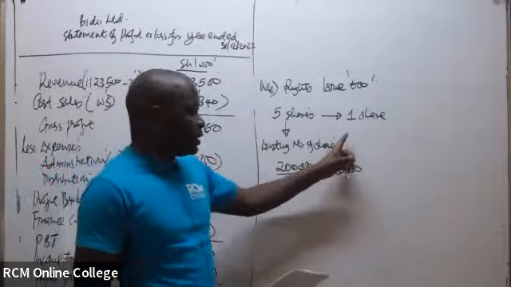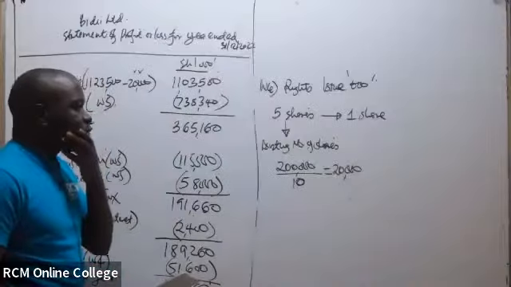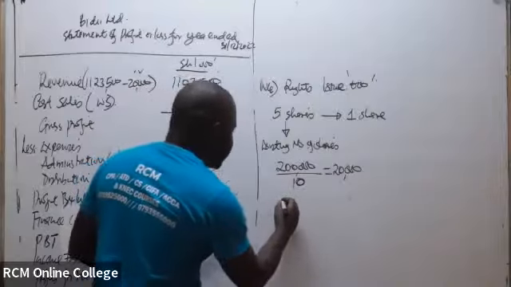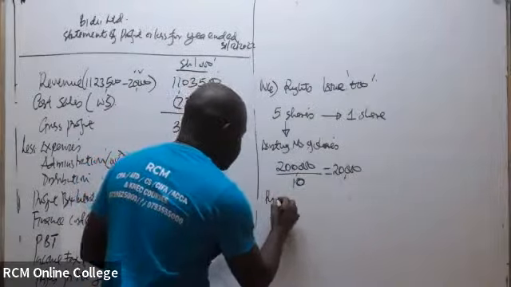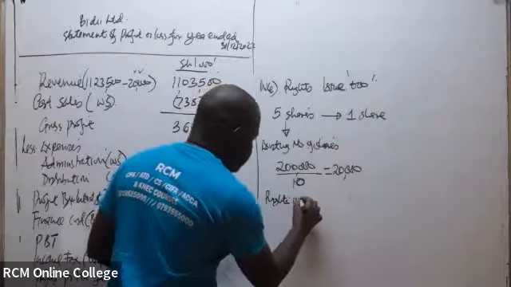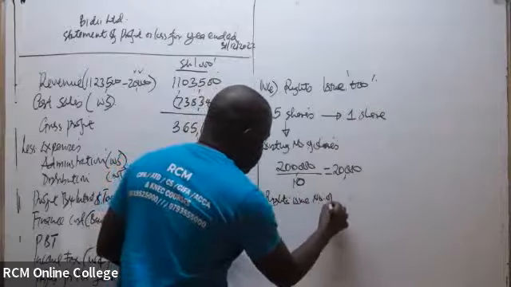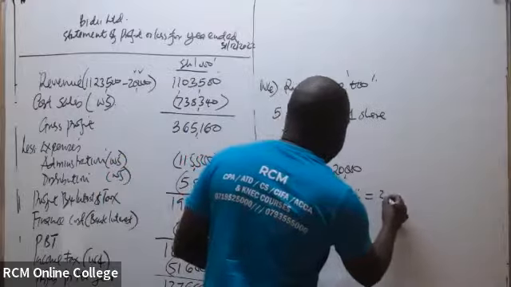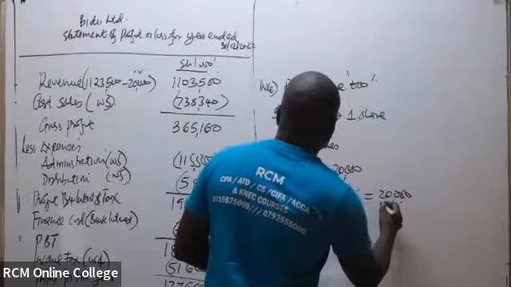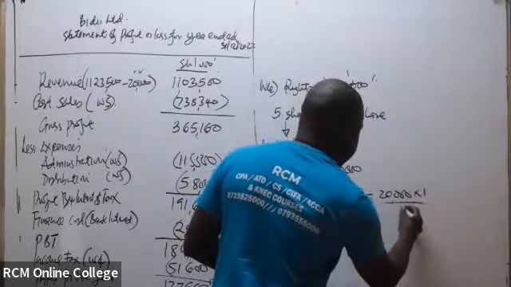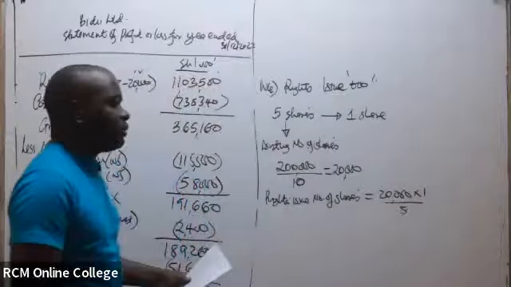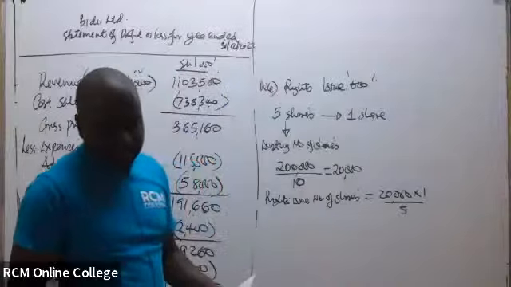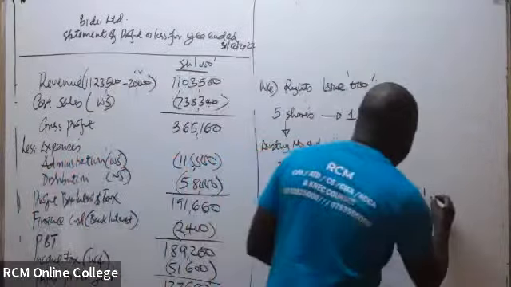To know how many shares were issued in the rights issue, we take 20,000, multiply by 1, and divide by 5. This will give us 4 million.